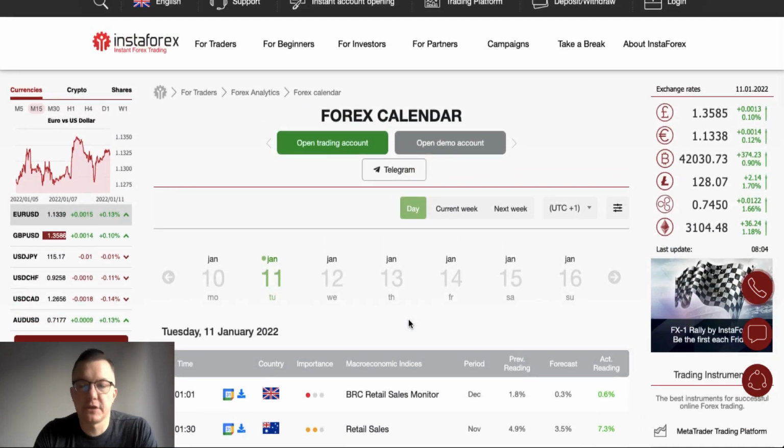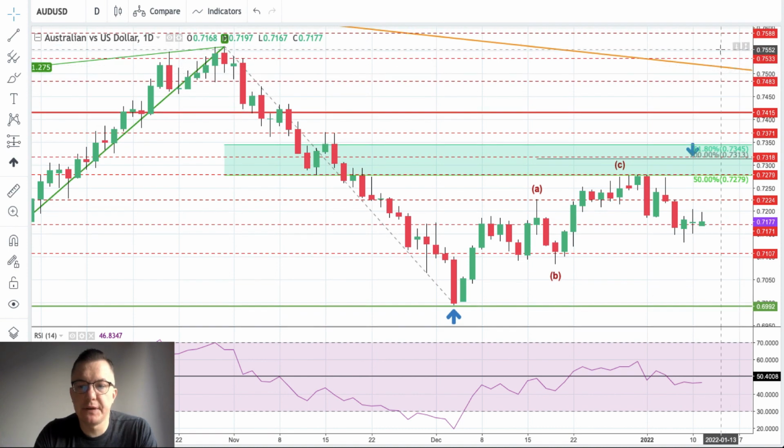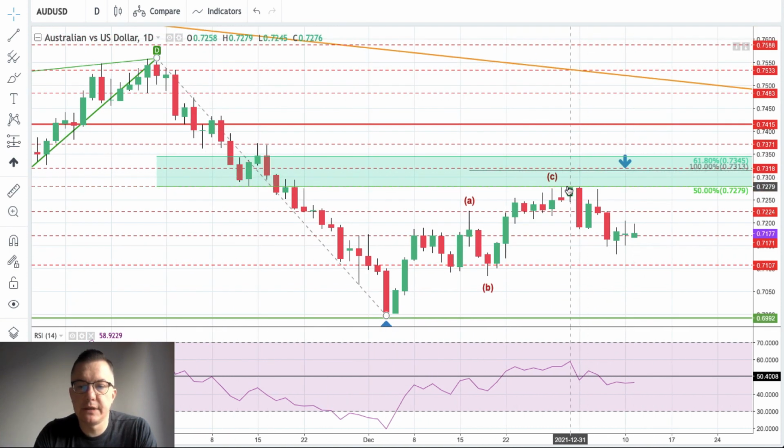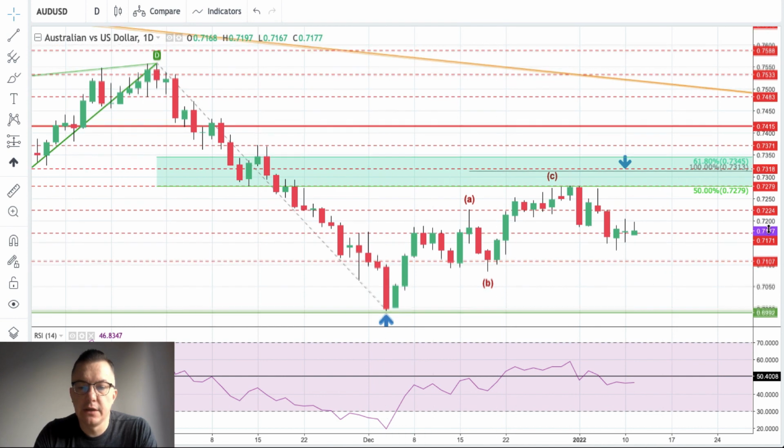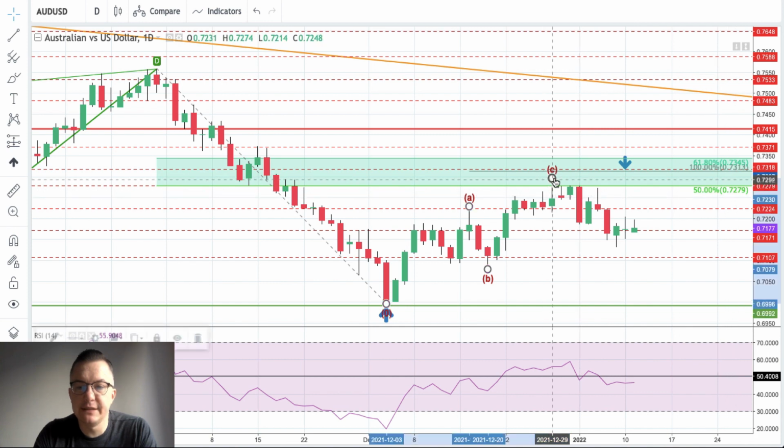Let's start with the Australian dollar. The Australian dollar on the daily time frame chart has perfectly been capped at the 50% Fibonacci retracement of the last wave down. As you can see, we've got this level at 7,279 pips, and this is the C wave of our ABC pattern.